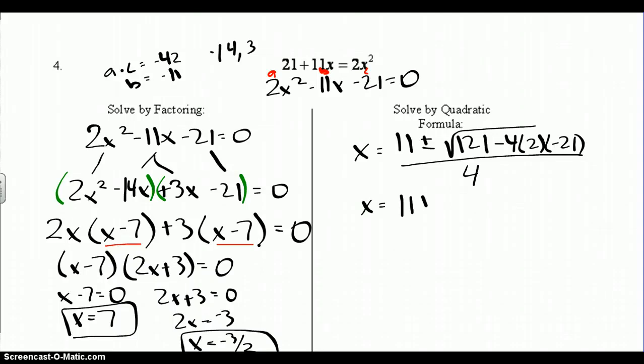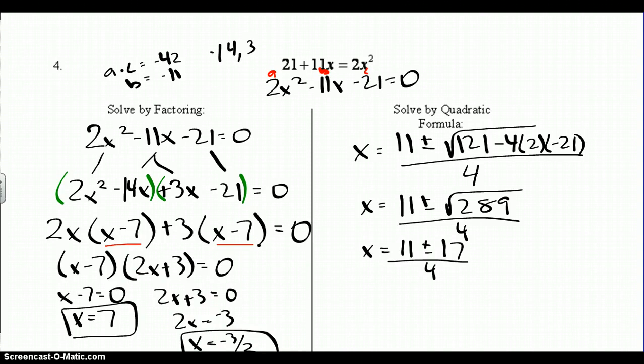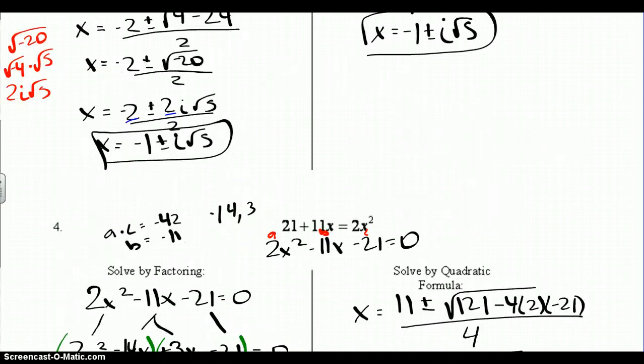Now I'm going to simplify this. What's underneath the radical simplifies to a positive 289, all over 4. And 289 is a perfect square, so we should get 11 plus or minus 17 over 4. And now let's write out our two different solutions.